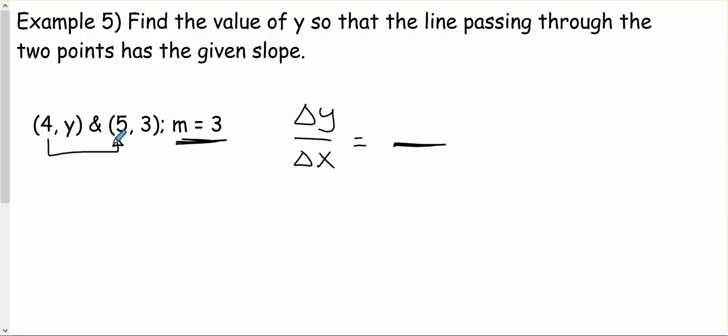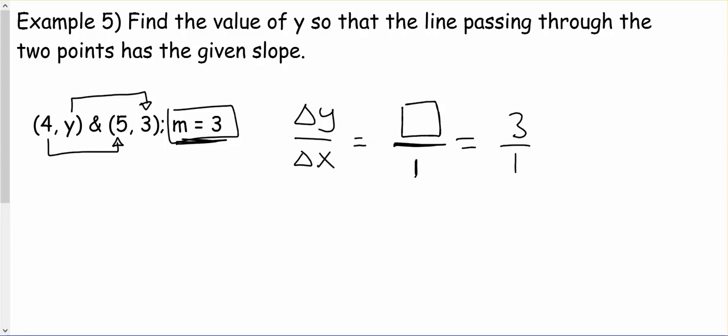Well, that's a change of 1, right? And then this is from y to get to 3, and I want this to equal 3 over 1, or 3. So what does this change need to be? This change in y needs to be a 3 to make it equal 3, right?